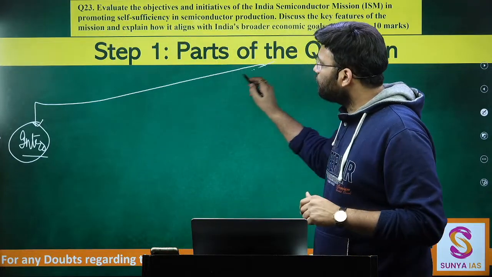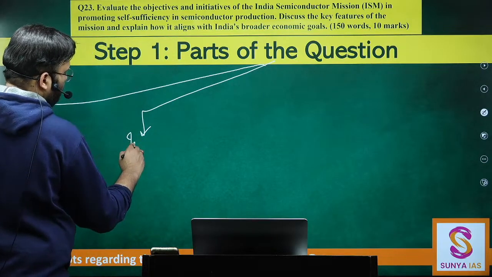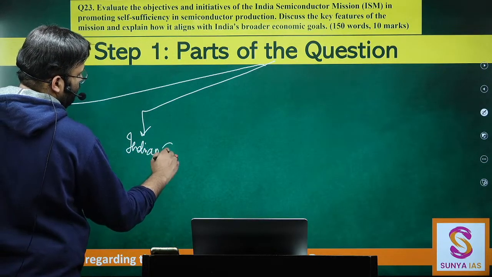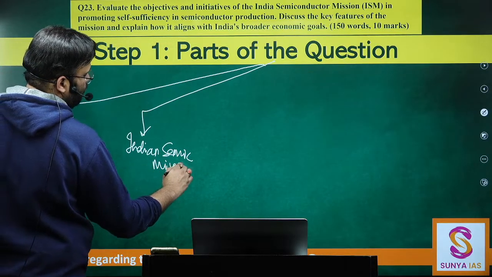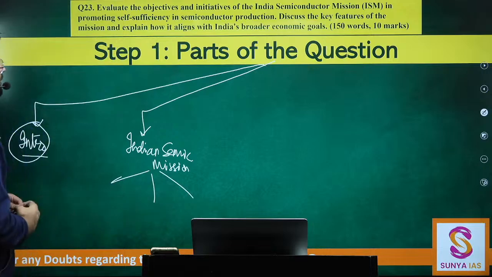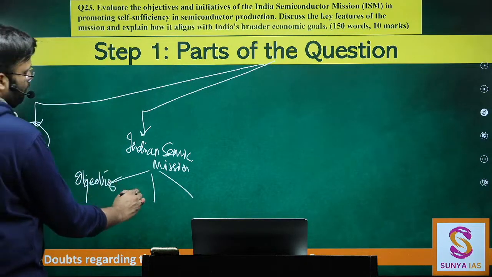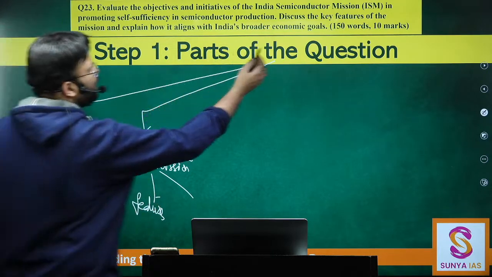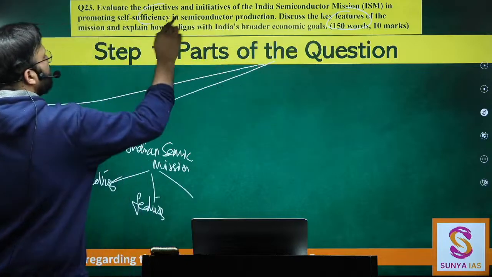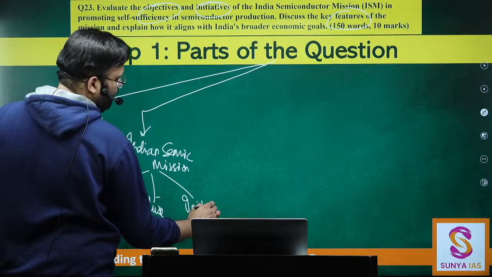Then we will introduce the Indian Semiconductor Mission. What all can we address in this part? We can tell what the objectives are, what the features are, because they are asking features and objectives here, and we can tell what the initiatives are that are being taken under this.